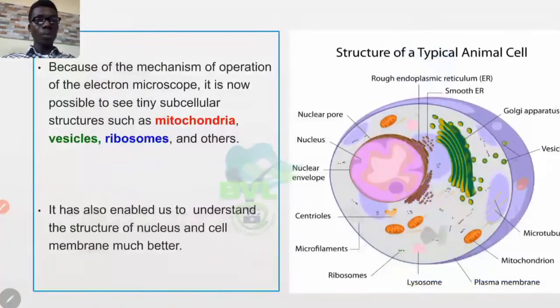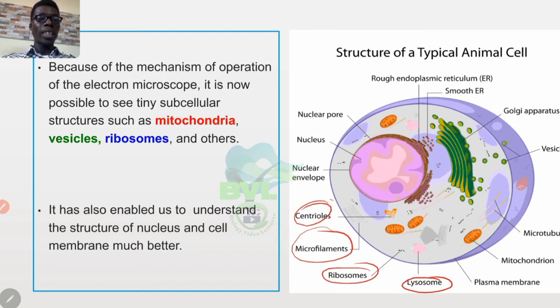So it says here, because of the mechanism of operation of the electron microscope, it is now possible to see tiny subcellular structures such as what? Mitochondria, vesicles, ribosomes, peroxisomes, lysosomes. Ribosomes are actually very, very tiny. Microfilaments, centrioles. The centriole is found only in animal cells.